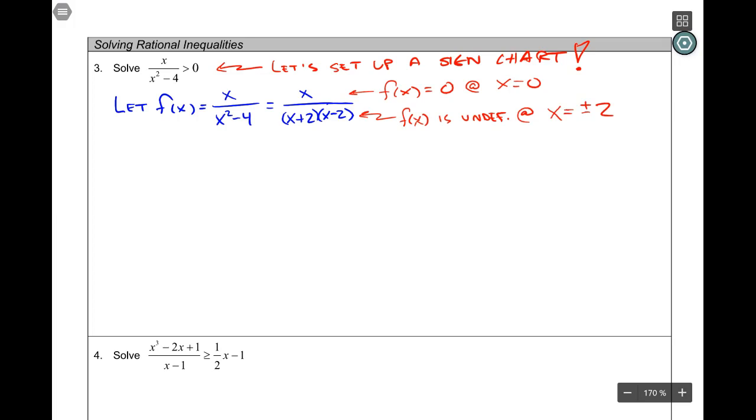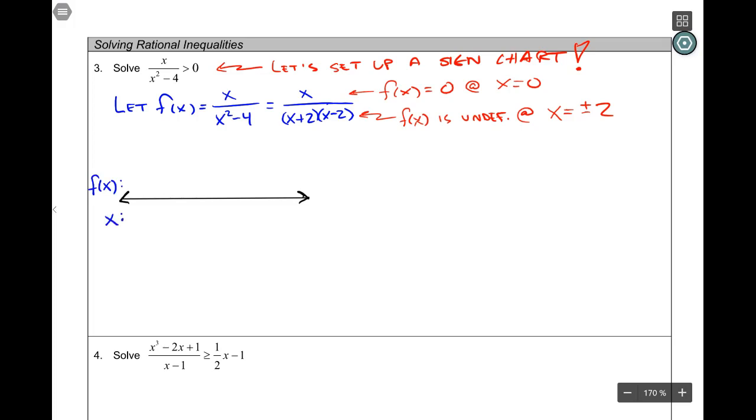Okay, so let's go ahead and take a look at a sign chart here. I'm going to start by just getting a line to start off with there, and then we're going to say that this is a number line that continues infinitely in both directions. We're going to analyze f of x on the top and x on the bottom.